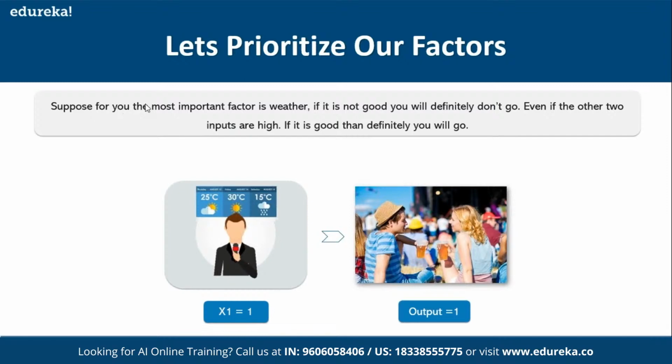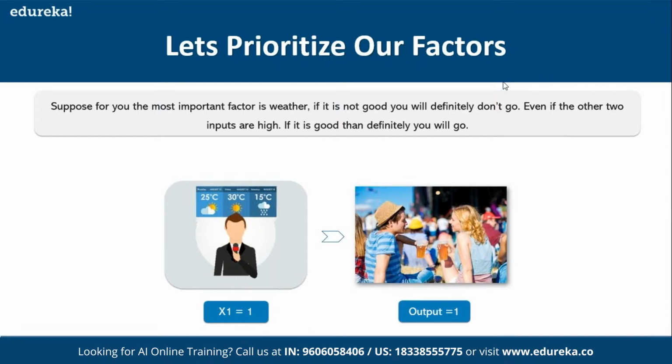Suppose for you the most important factor is the weather, while you are okay with the spouse accompanying or not, and public transport available or not. Which means the weight you give for weather is higher in comparison to the other two inputs. This is how it works. Let's see how exactly this happens.